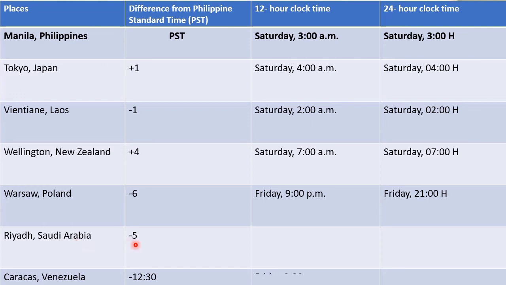Next is Riyadh, Saudi Arabia. The difference from PST is -5. Ibig sabihin, behind ng 5 hours si Riyadh, Saudi Arabia kay Manila, Philippines.